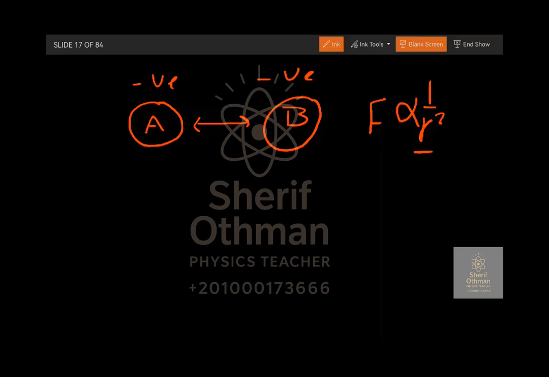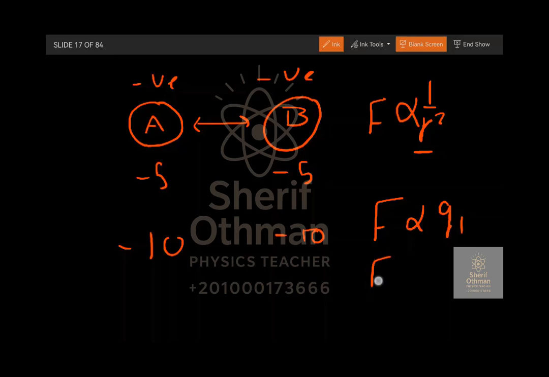And also the amount of the charge, the value of the charge. If here is -5 and here is -5, the force will be weaker than if this charge is -10 and this one is -10. So F is directly proportional to the value of the first charge, and also F is directly proportional to the value of the second charge.